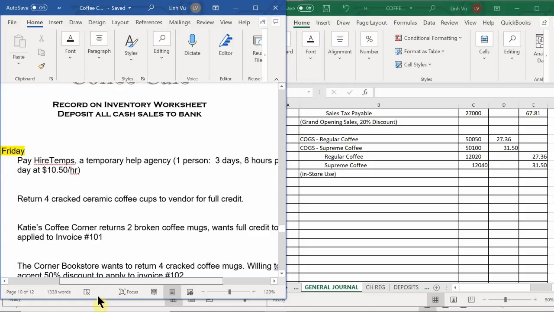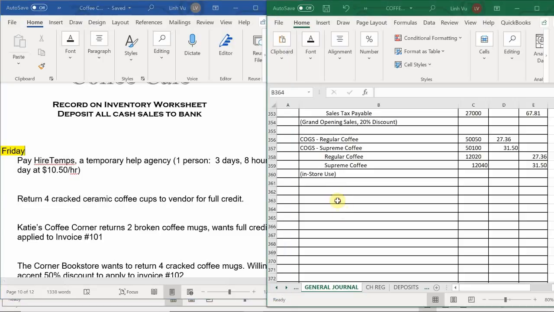Okay, so wouldn't it be considered a vendor? Yes, Hire Temps is a vendor.